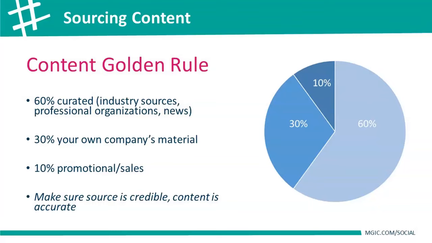And then 30% of your content can be your company's own material, right? And 10% is going to be promotional. So, you think about that down payment resource, down payment connect page, that's going to be either that 10%, right, where you're sharing something that in a way in this industry is kind of promotional for you. And then if you've got an industry blog, you can share some of that for 30%. But most of the stuff is going to be that curated content.